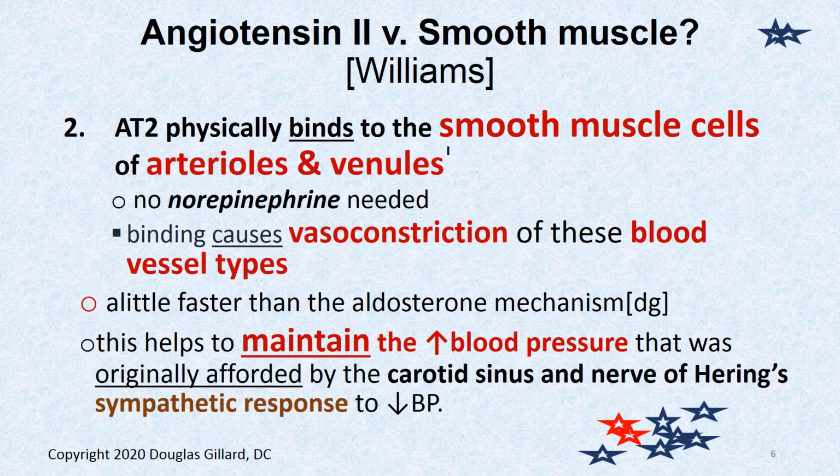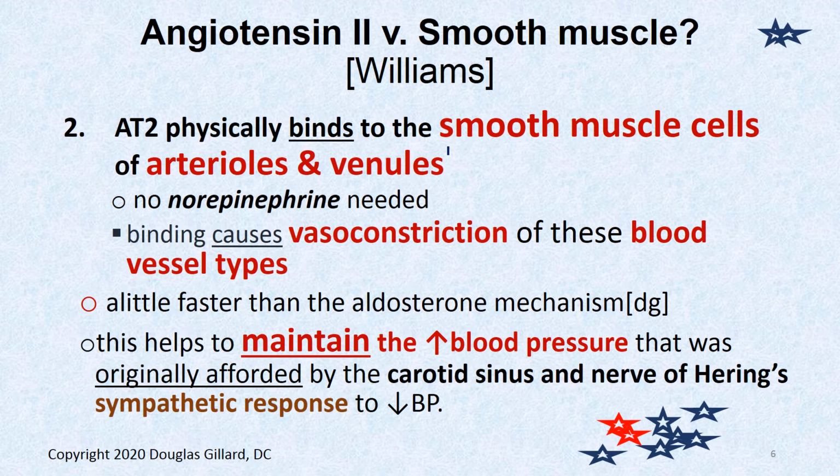Let's look at the number 2 effect of angiotensin, smooth muscle. Angiotensin II can also bind to receptors on the smooth muscle cells of arterioles and venules. And yeah, flat out bind to it, and it causes the constriction of the blood vessels. It causes venous and arteriolar vasoconstriction. That makes sense because in our scenario we've been talking about a bleed. So we want to boost the blood pressure.